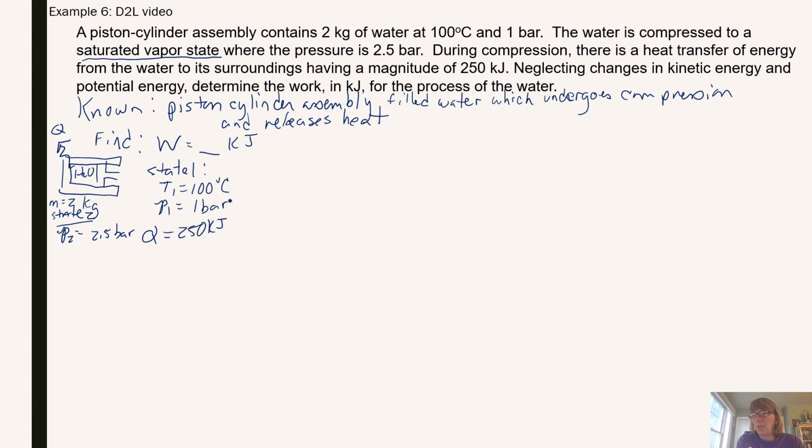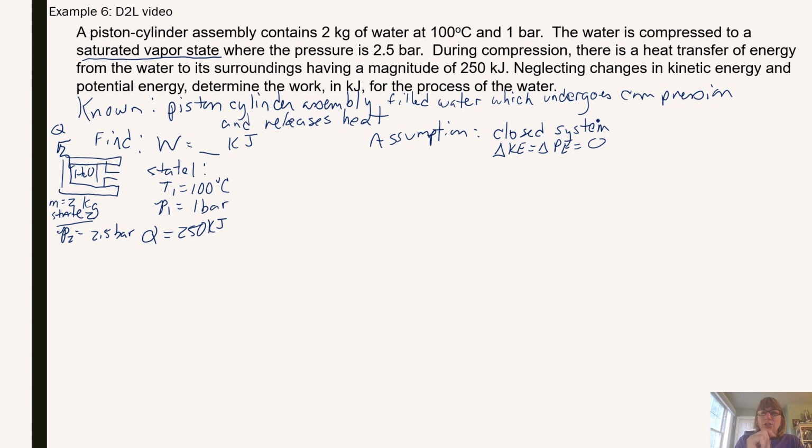Okay, so those are our 2 states and some information. We have to make some assumptions. 1, it's a closed system. We said that kinetic and potential energy are negligible.